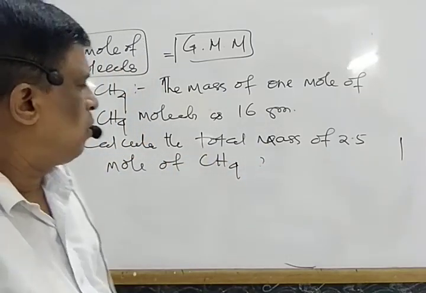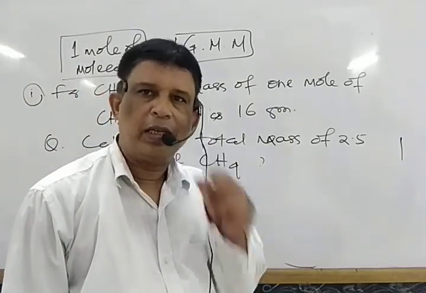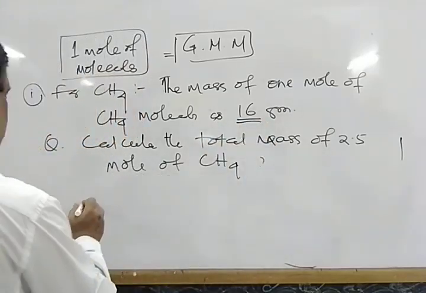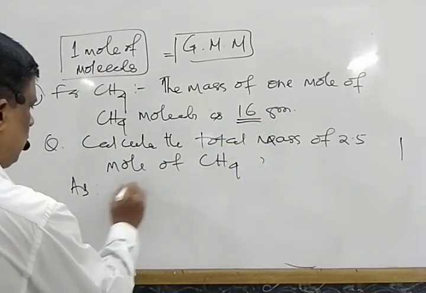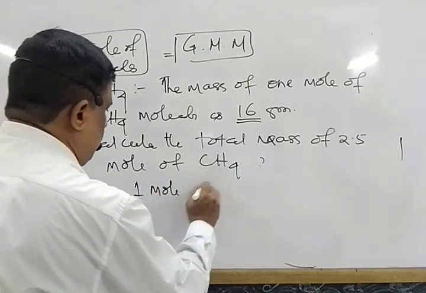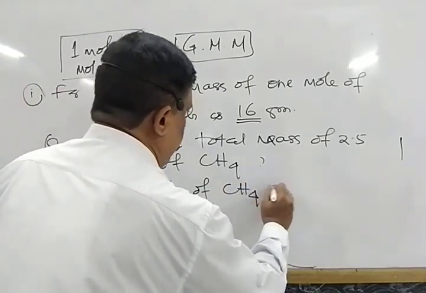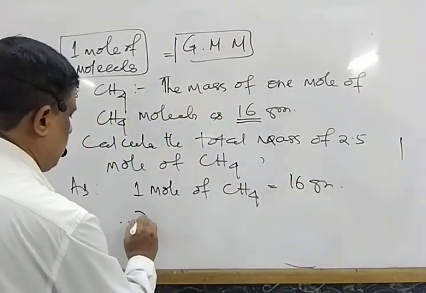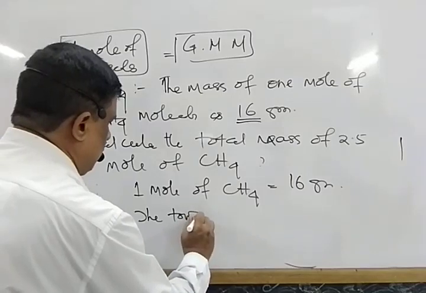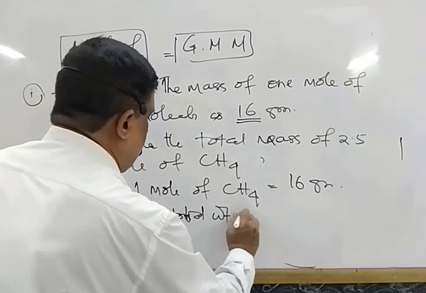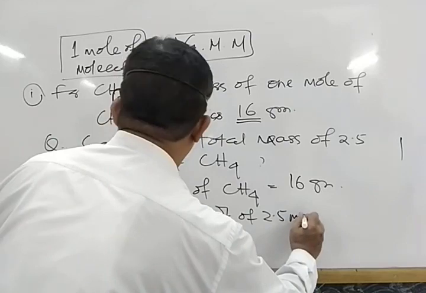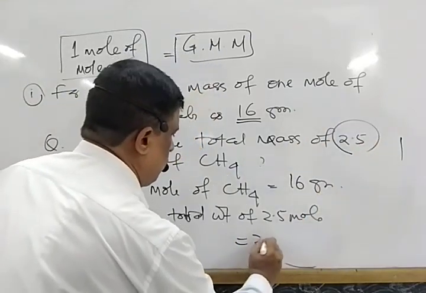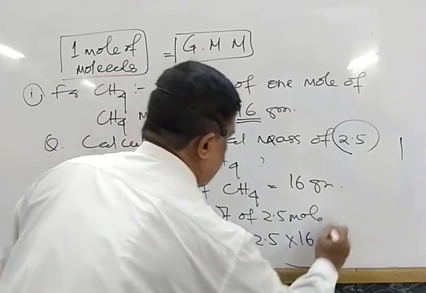We know that 1 mole of CH4 weighs 16 gram. Therefore, the total weight of 2.5 mole is equal to 2.5 × 16. This is the answer.